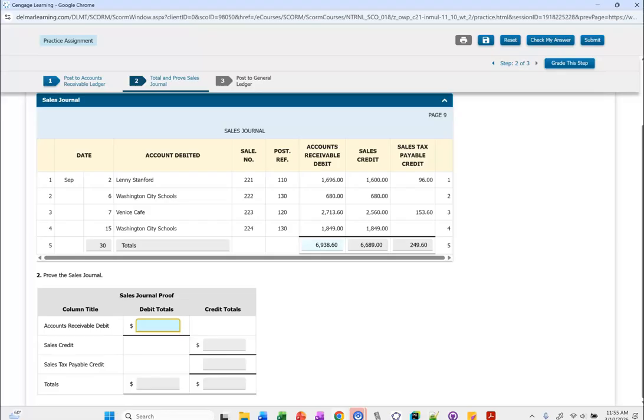I've entered everything correctly. So now to finish my proving, we're going to do the same thing that I just did on my calculator. I'm going to take my debit total, my sales credit total, and my sales tax payable total, and add each of those down.